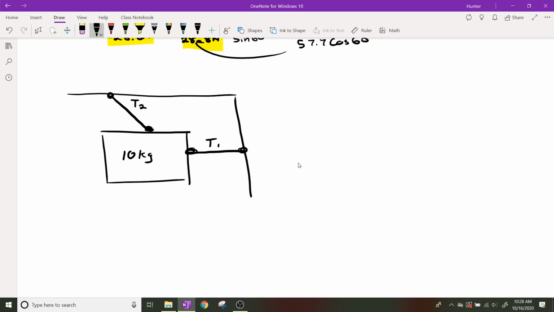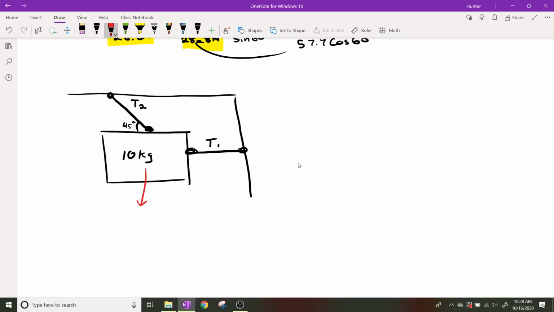So let's think about it. What forces do we need? An angle. Let's take an angle of 45 degrees. How many forces are acting on this sign?